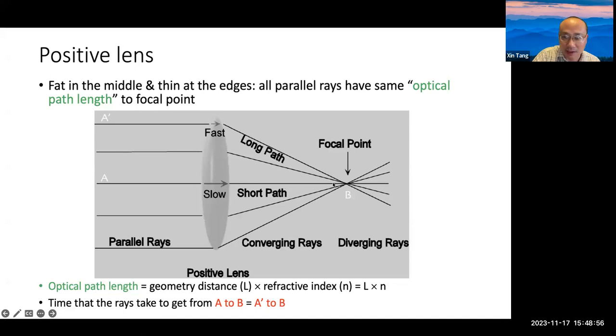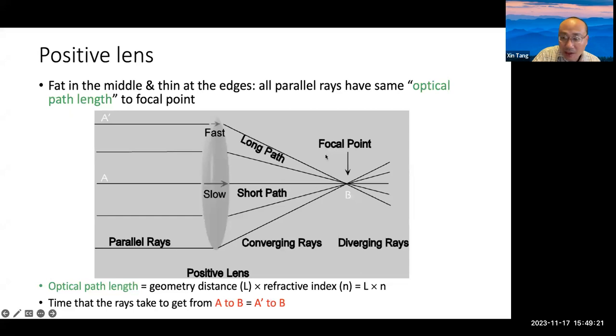This travels less in the lens. But in the center, the light travels a longer distance in the optical lens, and because it is made of glass, it has a larger refractive index. So collectively, the optical path is equal for all the light. That's why they all converge and arrive at the focal point at the same time.